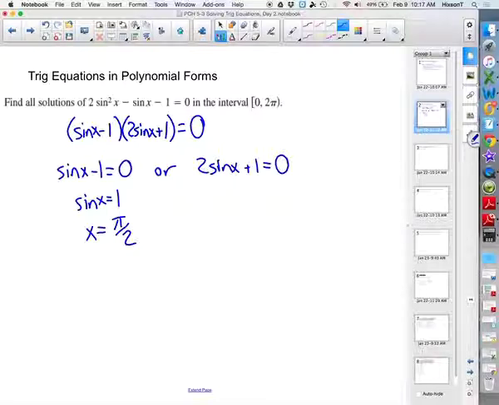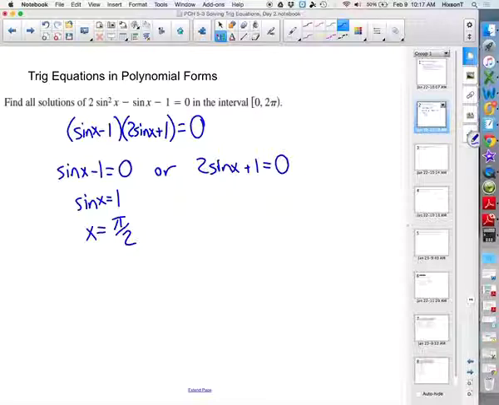How come we only have one answer? Because of the interval. Between 0 and 2 pi, usually we'll get 2 answers, right?